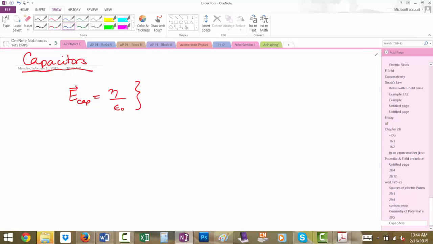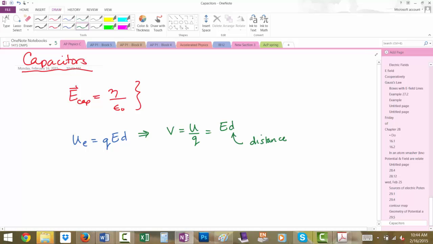We know that electric potential energy is equal to Q times E times D. And so we can divide, and we can say that voltage is equal to U divided by Q, which is E times D, or E times S. This distance here is the distance for a capacitor from the negative electrode.